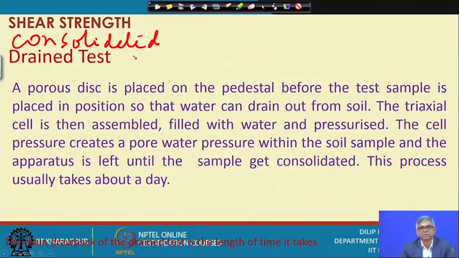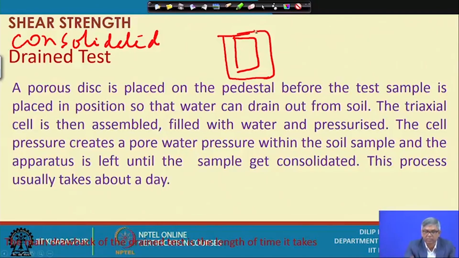That means, in the first stage the soil has to be consolidated, and in the second stage, while shearing, one has to allow draining of water. A soil sample is there, and inside the chamber a confining pressure is applied, and suppose the confining pressure is sigma 1, under that the soil is first consolidated and then axial load is applied.